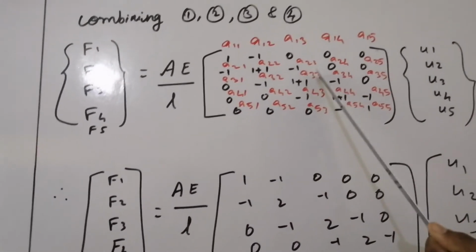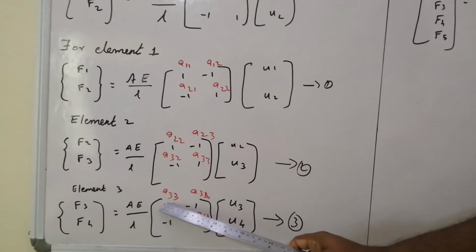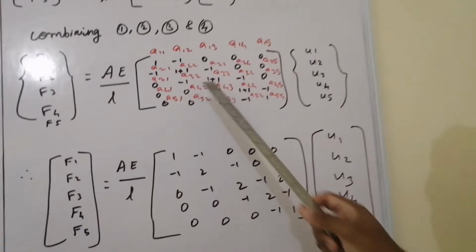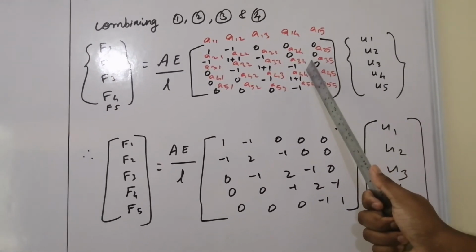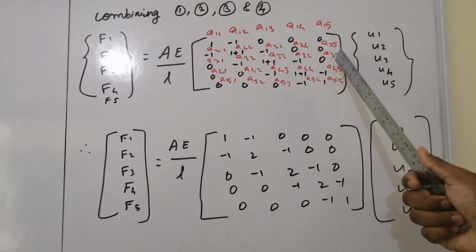But in case of A33, we have two A33 terms, one in element 2 and one in element 3, so we add both and put it as 2. Similarly, in case of A34, there is only one A34, and there is no A35, so we put it as 0.